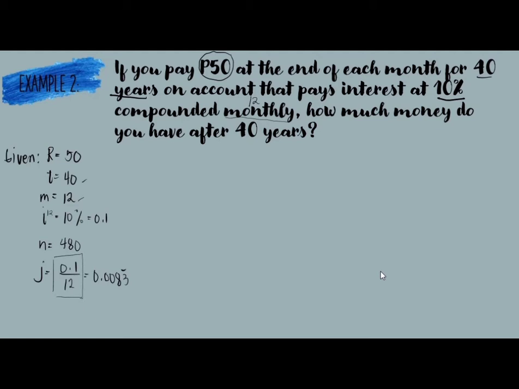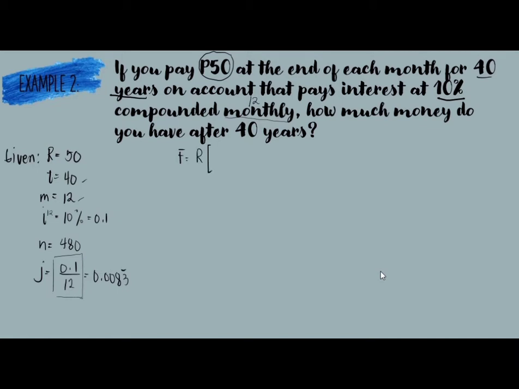So, yan yung i-input natin sa formula instead of 0.0083 lang. Kasi mahaba pa yung 3 dito. So, kapag ni-round off kasi natin agad, may possibility na mag-iiba yung makukuha natin sagot. Pwedeng tumaas ng konti or bumaba siya ng konti. Okay? So, now, let's substitute all the given dito sa ating formula.